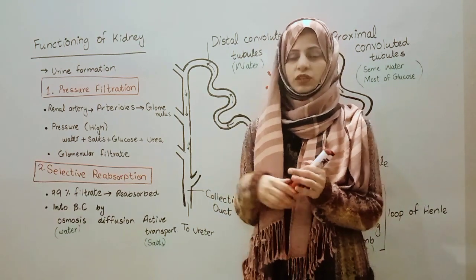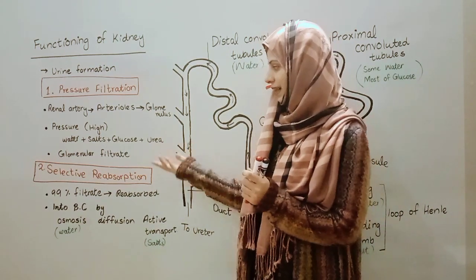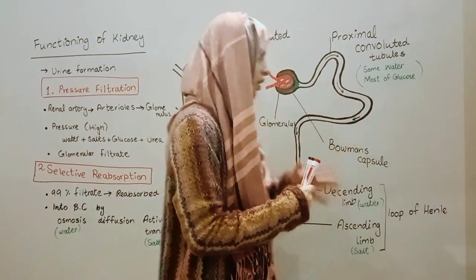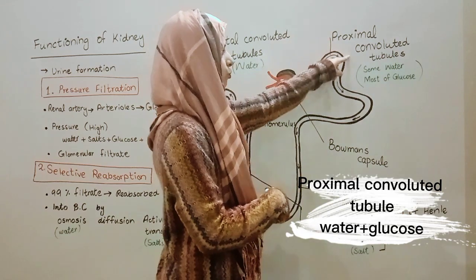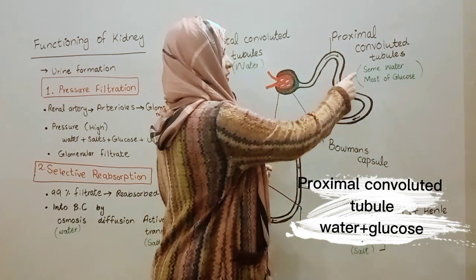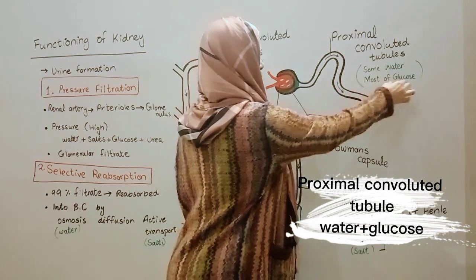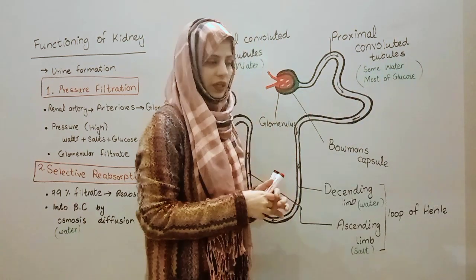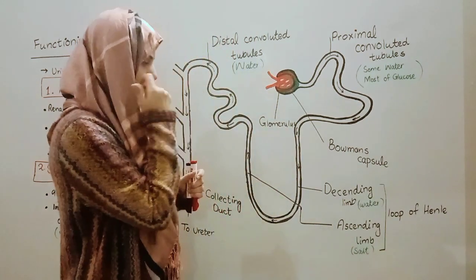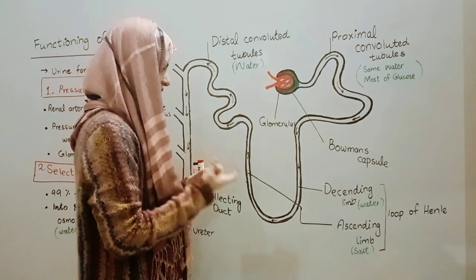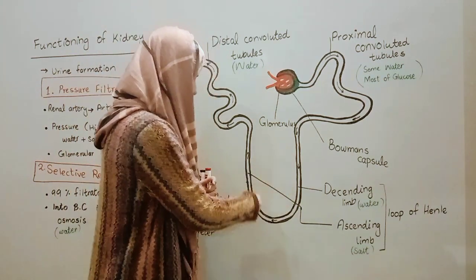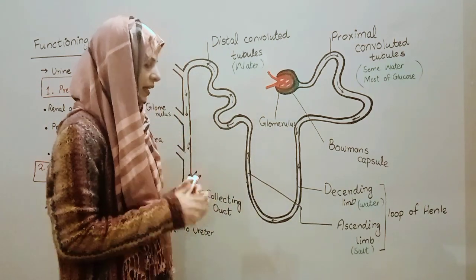Now let's talk about the reabsorption of different things like water, salts, glucose, and urea. The proximal convoluted tubule reabsorbs some water and most of the glucose. The loop of Henle consists of two parts: the descending loop of Henle and the ascending loop of Henle.